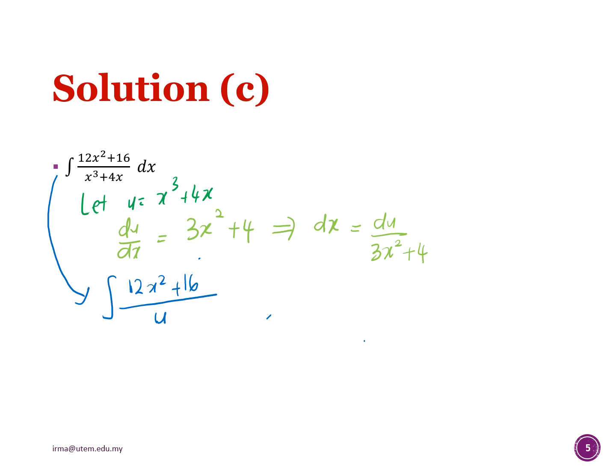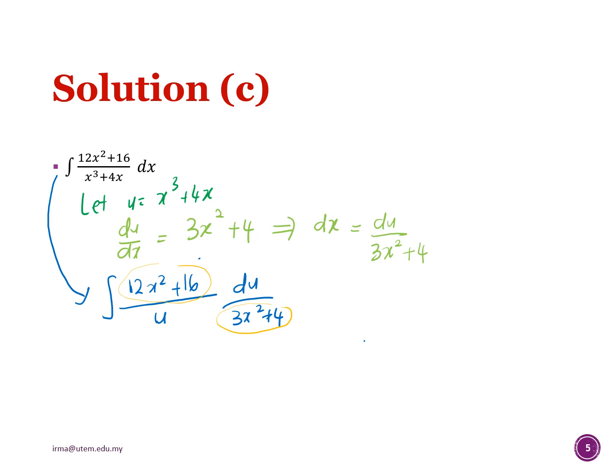And dx will be replaced by du over 3x squared plus 4. Now if you see, we have terms in x and u. This one is 3x squared and this one is 12x squared plus 16, which are not equal.